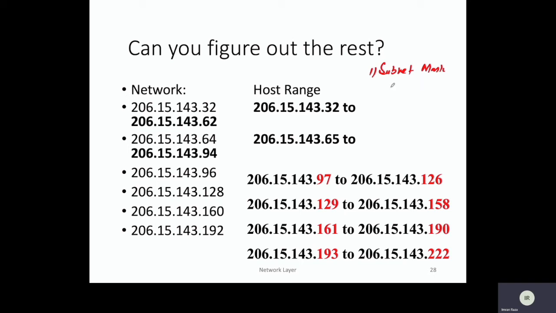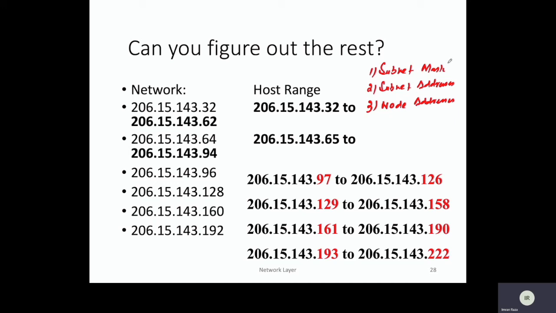The bits borrowed from the host portion will have value 1 now, and we calculate the subnet mask. Then we calculate subnet addresses, and after that we calculate node addresses. This completes our subnetting process.